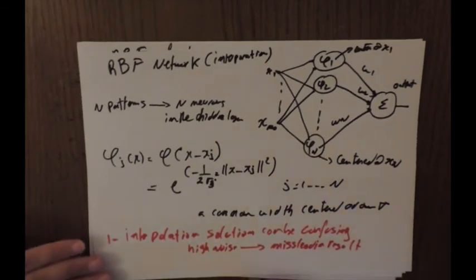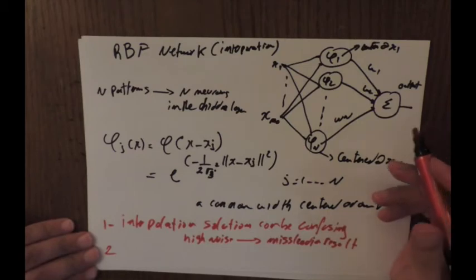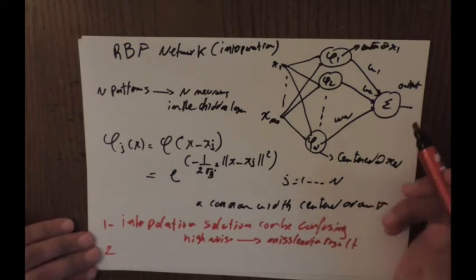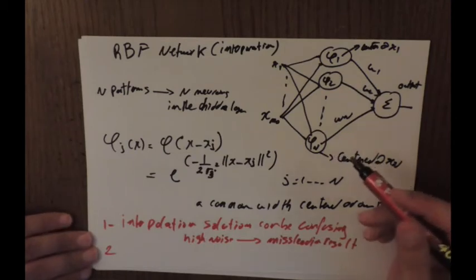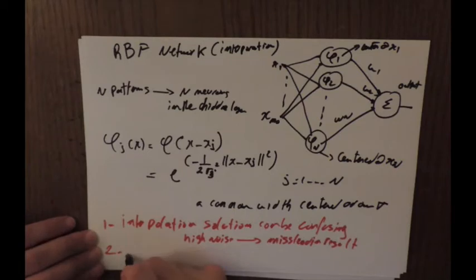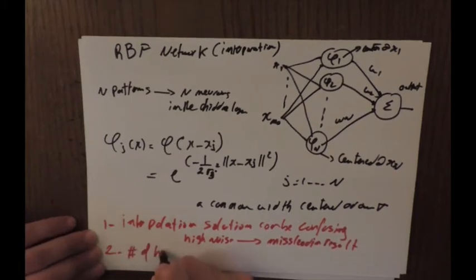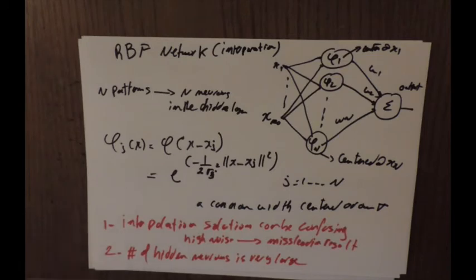Second, we have a large number of hidden neurons. Suppose that you have 1000 training patterns. Shall I use 1000 hidden neurons? What about 10,000 and more? So the number of hidden neurons is very large, which may increase computations.